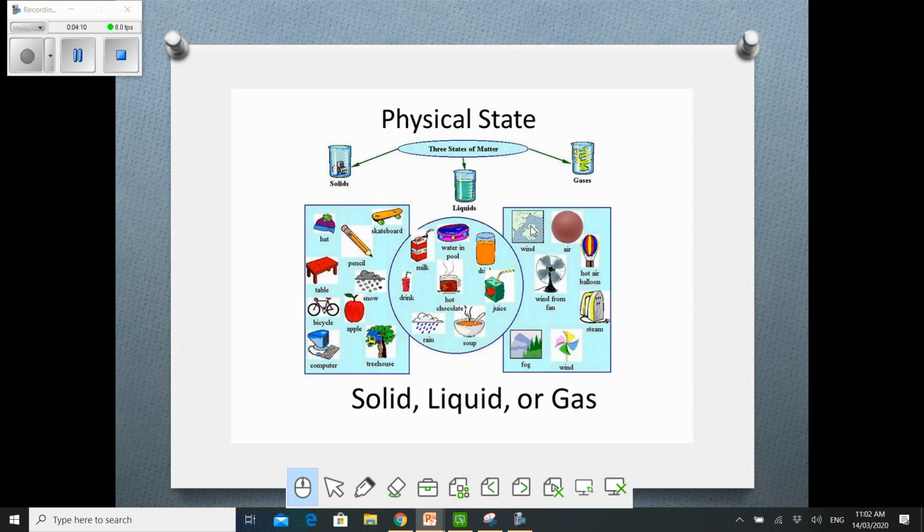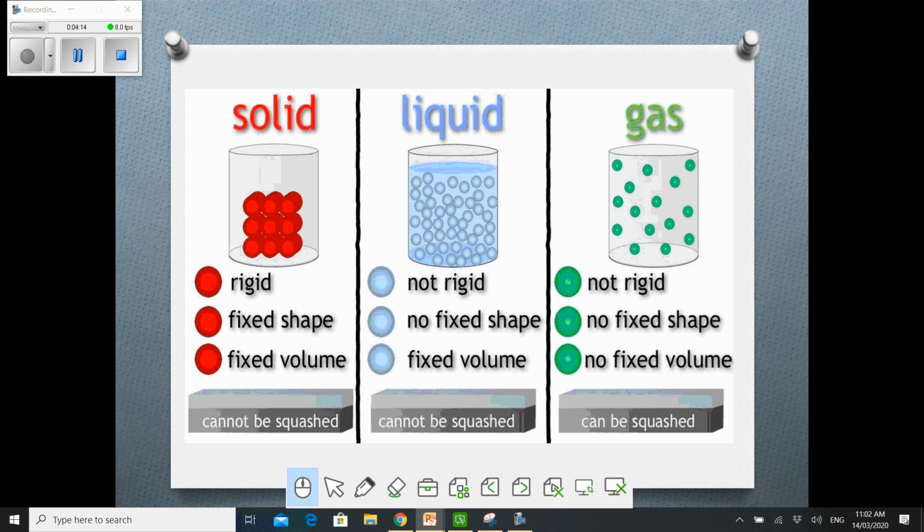We talked about this too. Now we have three states of matter. I told you about this one. I said we have three states of matter: solid, liquid, and gas.